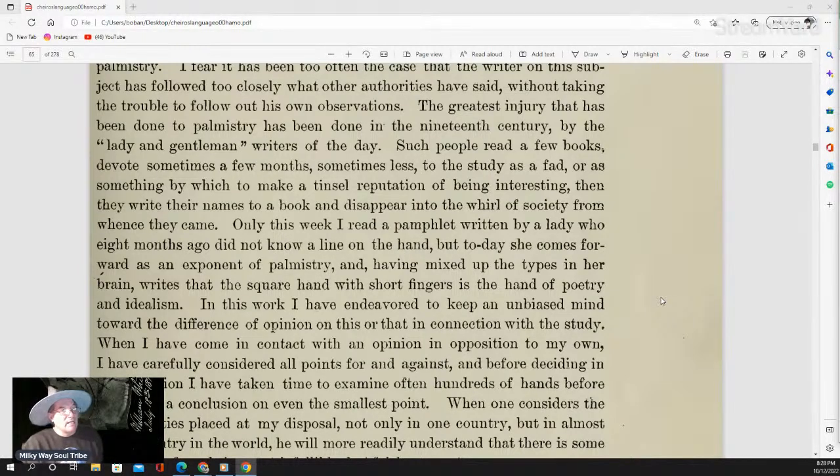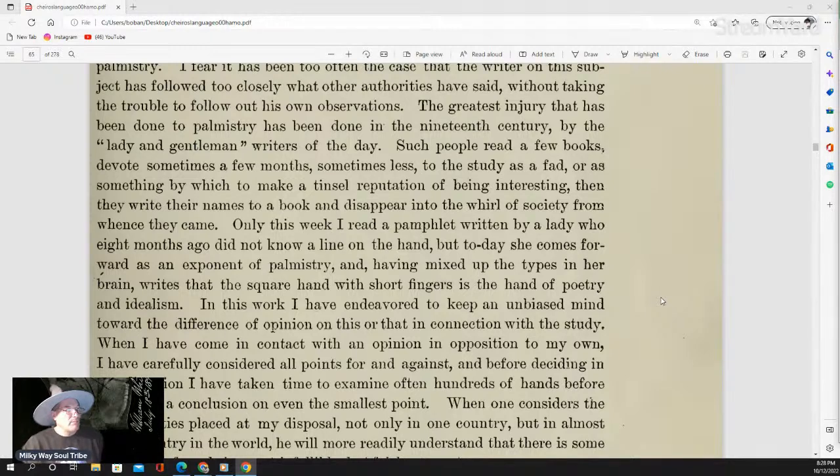Such people read a few books, devote some time, sometimes a few months, sometimes less, to the study of the fad, or something by which to make a tinsel reputation of being interesting. Then they write their names to a book and disappear into the whirl of society from whence they came.